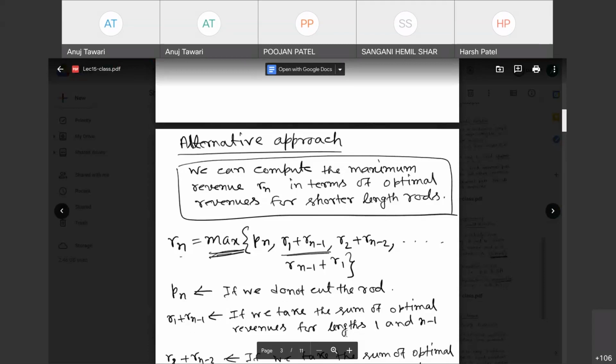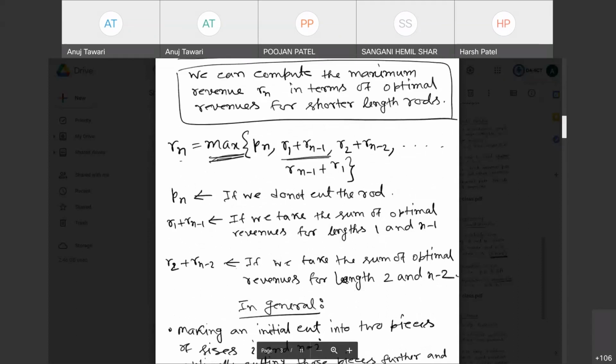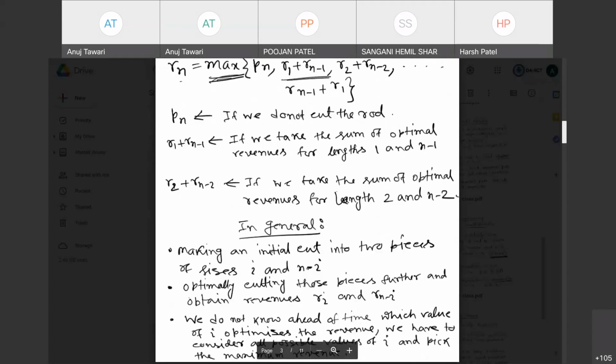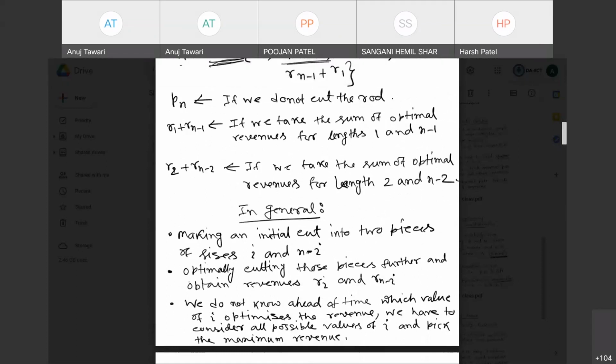So you can always write it as a sum of optimal revenues where one part has length i and the other part has length n minus i. This is what I'm trying to do, making an initial cut into two pieces and then further cutting those two parts again.